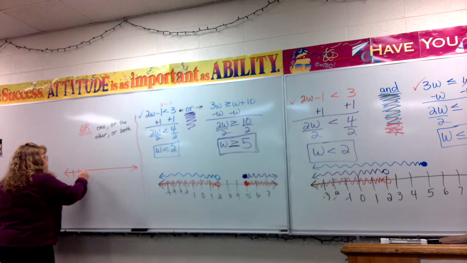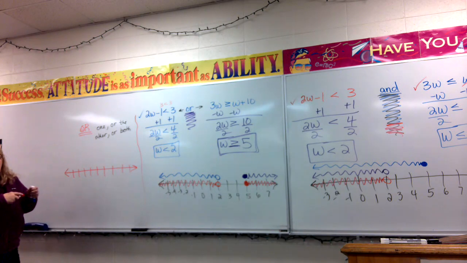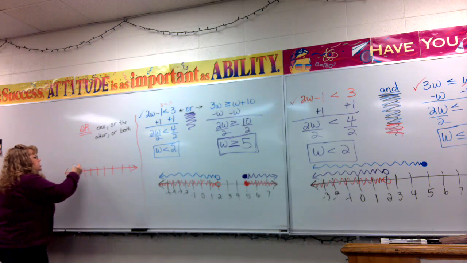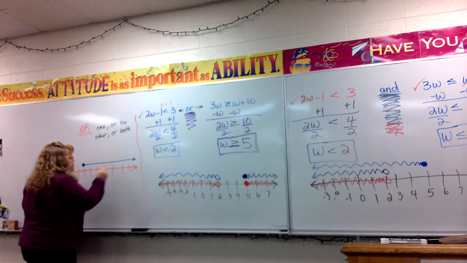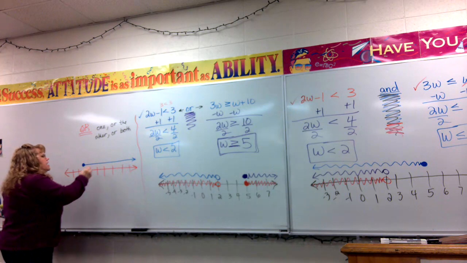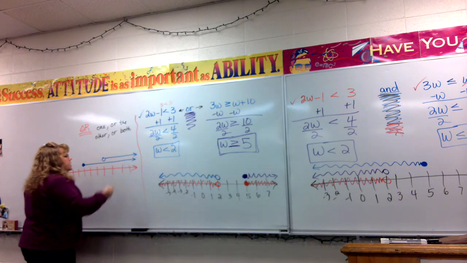Look at this. I've got my number line. Watch, I'm graphing my equation. I have this one. It starts here and it goes this way. And then I graph this one and it goes this way.